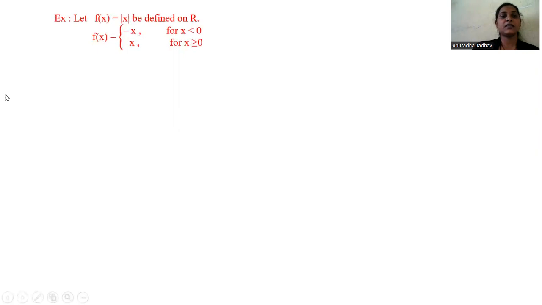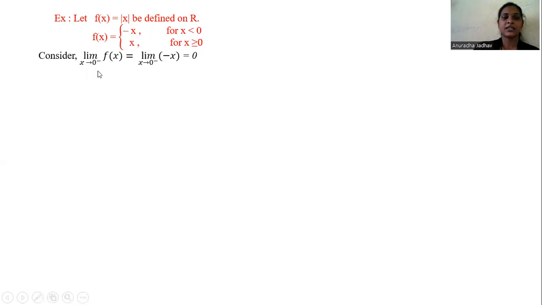Let f of x is equal to mod x be defined on the set of real numbers R. Therefore, f of x can be written as minus x for x less than 0 and plus x for x greater than 0, because this is the modulus function. Therefore, there are two values, minus x or plus x.